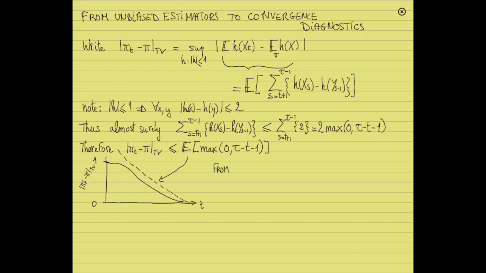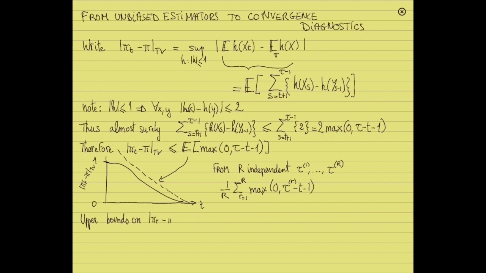So that's an expectation which we cannot analytically compute, but using R independent meeting times, tau 1 to tau capital R, obtained by sampling the coupled chains until they meet, we can approximate the expectation by an average, 1 over capital R of the sum of the maximum between 0 and the observed tau minus t minus 1. And so, of course, as the number of independent replications goes to infinity, we will consistently estimate the expectation.